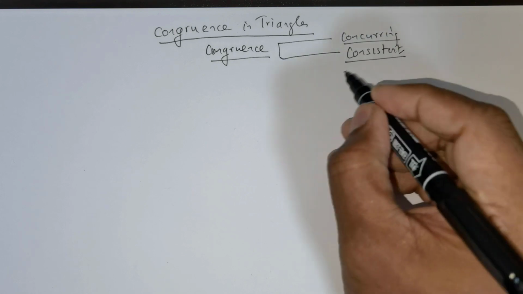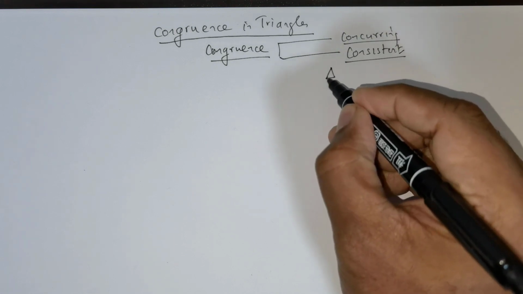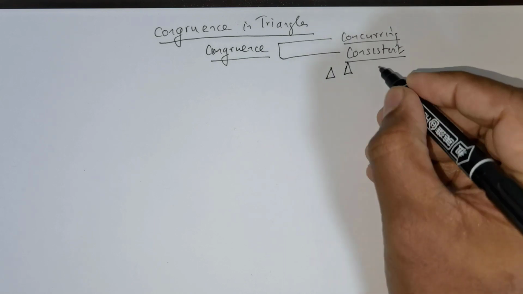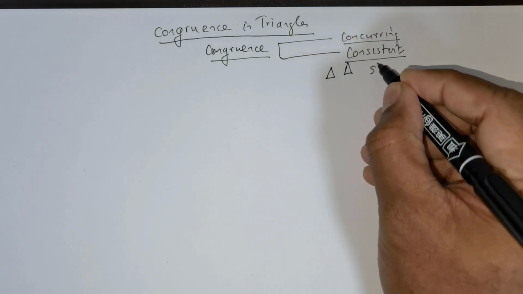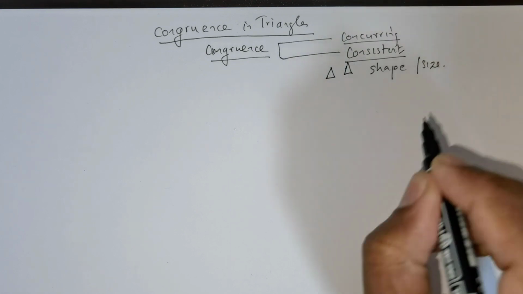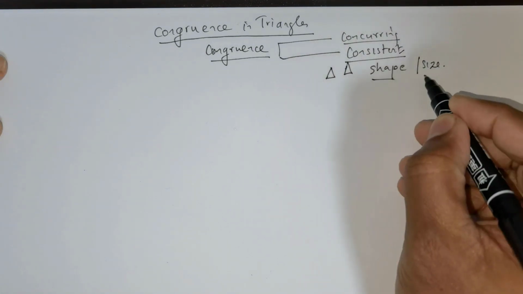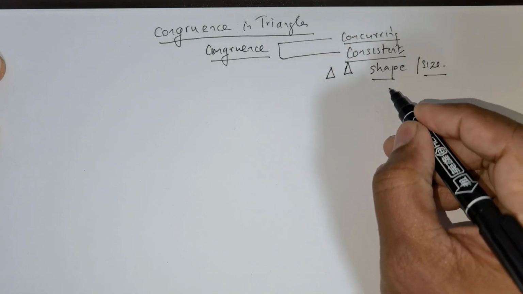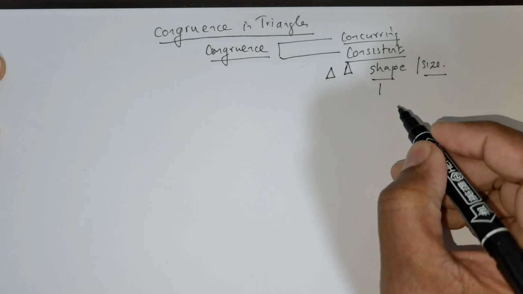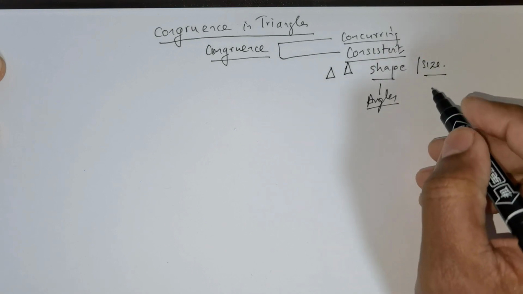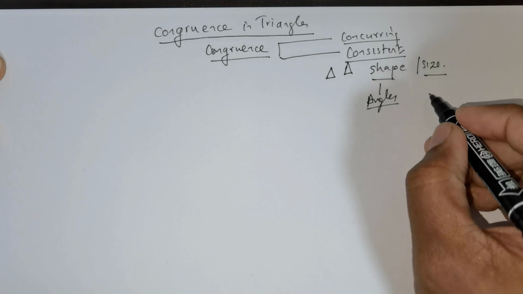So we are looking for triangles which are consistent in shape as well as in size. These are the two important components of a triangle. Now, what would determine the shape of the triangle? Obviously, it's the angles. And what would determine the size of a triangle?